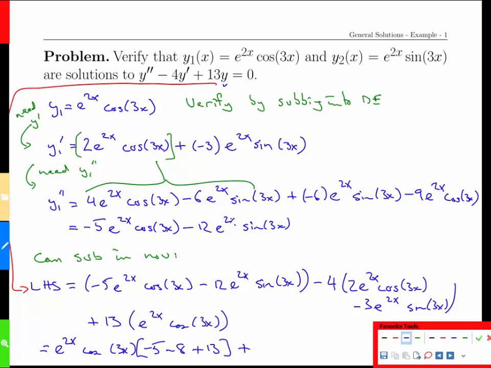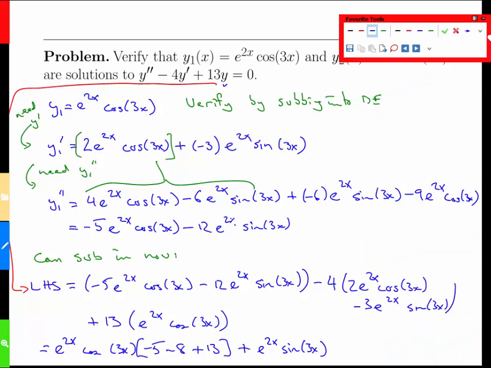And we also have e to the 2x's with sines, with the 3x's as well. And that, well, we'd have 12 of them there, -12. And we would have -4 times -3 is positive 12. Hey, all of that is equal to 0, which is equal to the right-hand side.